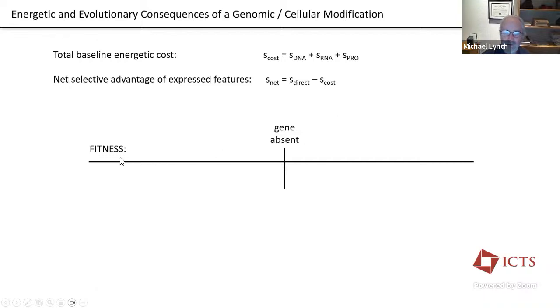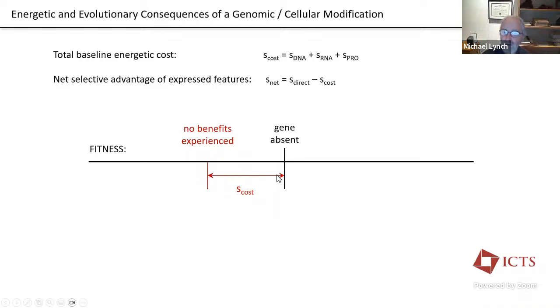is we start with this, just a simple scalar here. We start with a situation where the gene is absent, and then we add the gene to our bug, but it's not doing anything for the bug. It's costing the bug, though, because of all these biosynthetic costs at the DNA, RNA, and protein level.